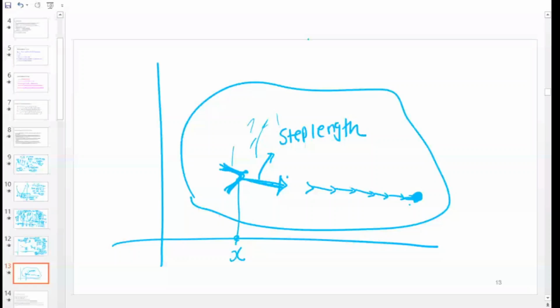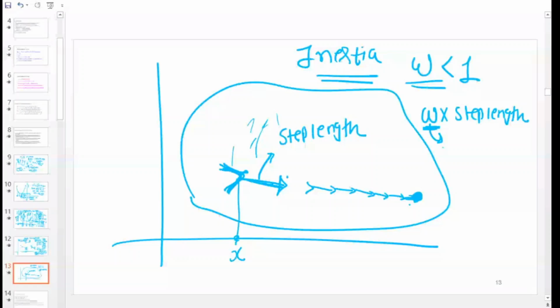This inertia constant is a fraction, less than 1. In every iteration we multiply this inertia with the step length, and we are decreasing this inertia value, let us say from 0.9, then 0.8, then 0.7, and up to 0.3.